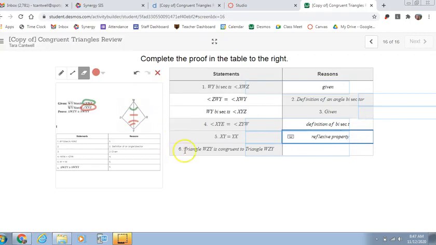And then our last statement, that triangle WZY on the left, is congruent to triangle WXY. Sorry, that should say WXY, not WZY again. The reason there is because we have angle side angle congruence.